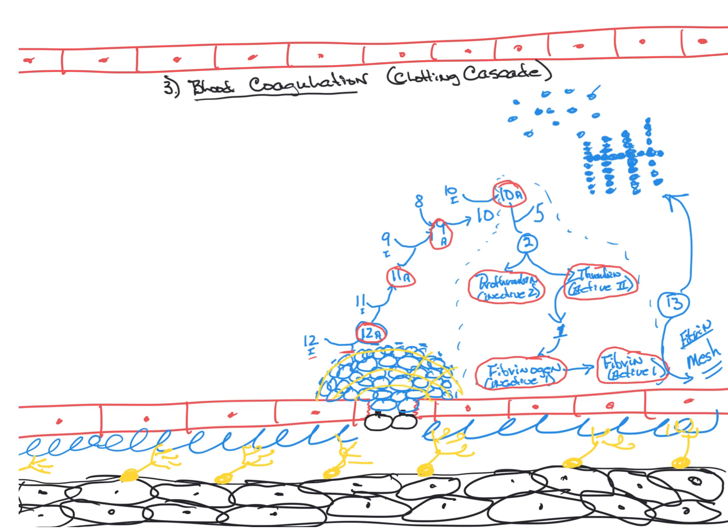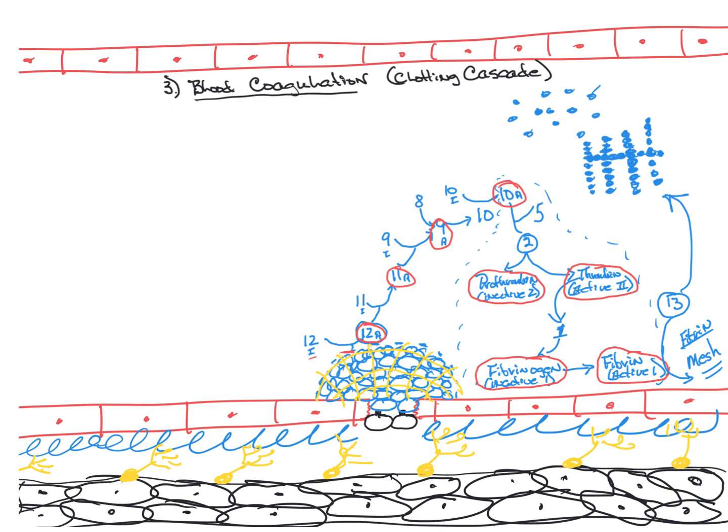This fibrin meshwork forms this net so that it'll hold it in place and it can't just free float loose into the bloodstream. So that is your clotting cascade for your intrinsic clotting system.